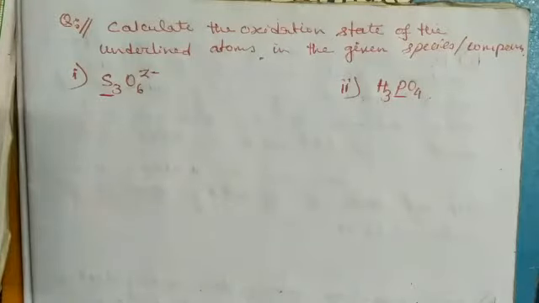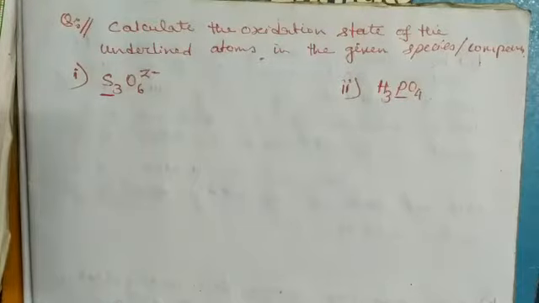First, problem number one shows an ionic species. We can clearly see from the rules that the sum of the oxidation numbers of the individual atoms is equal to the total charge of the molecule or species.